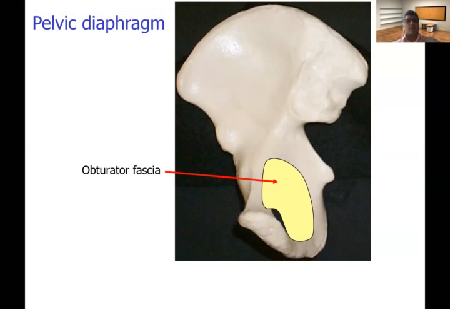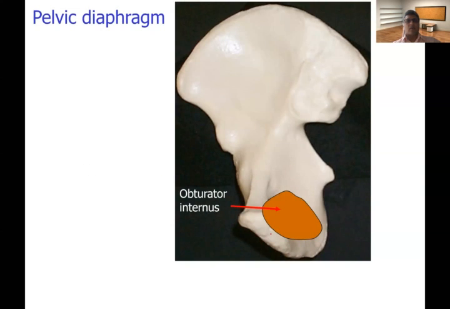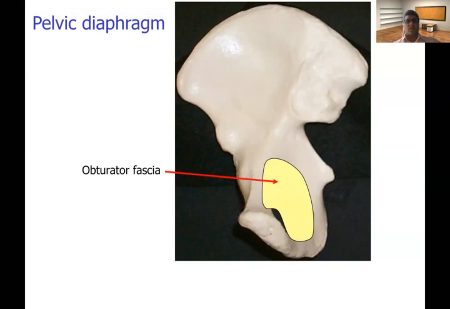Pelvic fascia covering the obturator internus muscle is called obturator fascia or obturator internus fascia. There is a thickening over this fascia, which is called tendinous arch, or you call it white line.